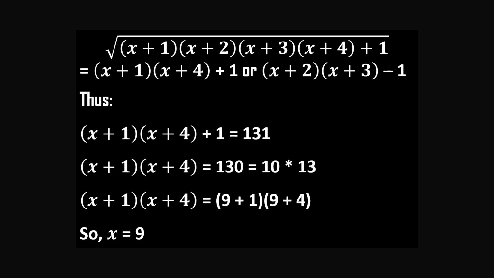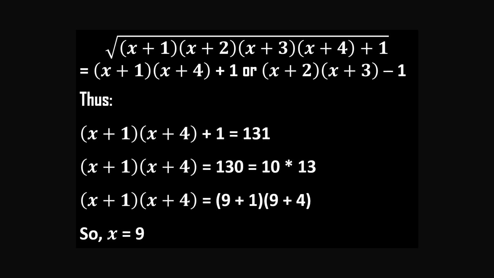Now 130 you can break as 10 into 13, and 10 you can write as 9 plus 1, and 13 you can write as 9 plus 4. So x plus 1 is 9 plus 1, x plus 4 is 9 plus 4, that means x is equal to 9. That is how we find the value, but we can also take the middle two numbers and they also will give the same answer.